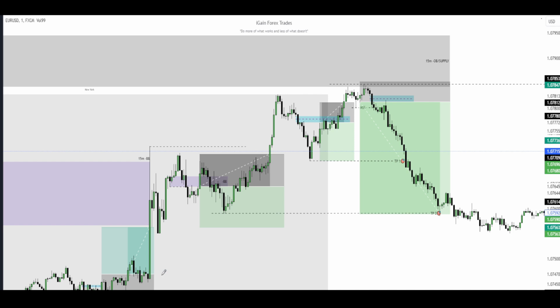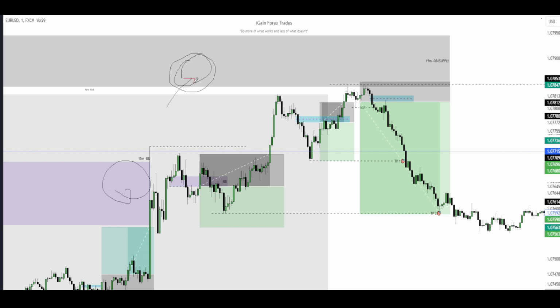I just entered at this because I was looking forward to the price might hit these zones here. We have this breaker block, a 15 minutes breaker block, and then we also have above a 15-minute supply here.